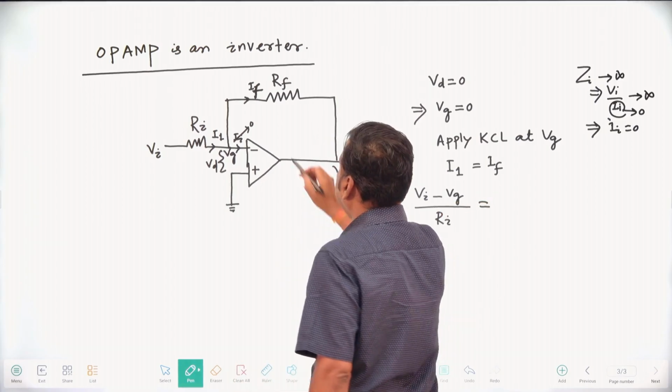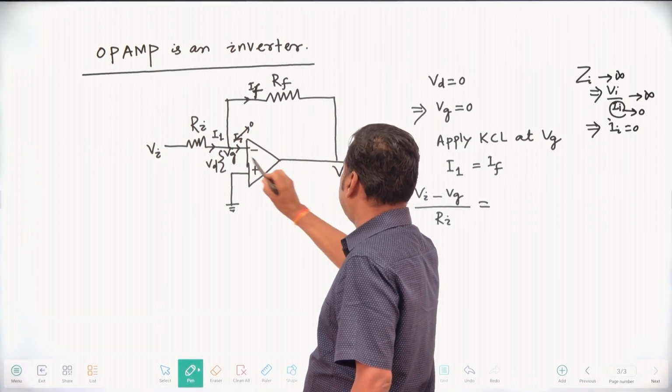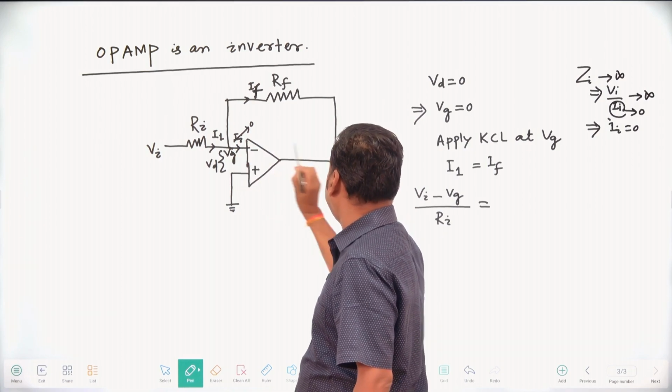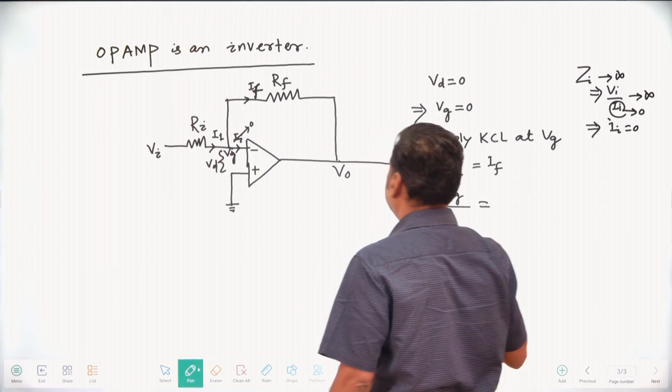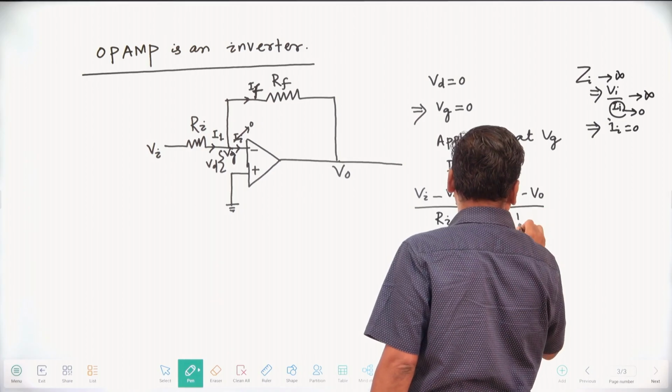IF is the current through the feedback resistor: one voltage is Vg, another voltage is V0, so IF equals Vg minus V0 by Rf.